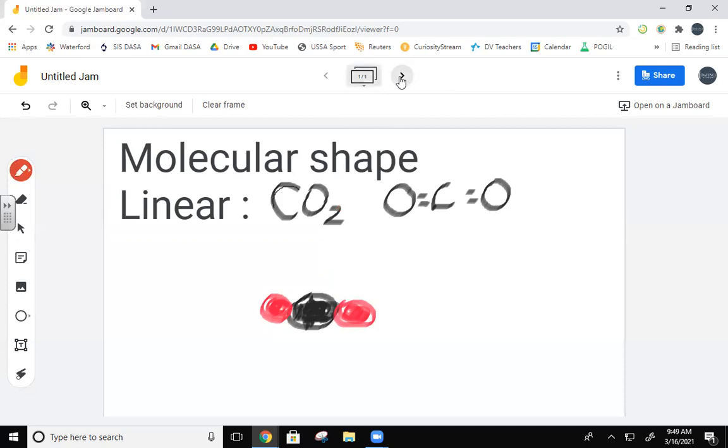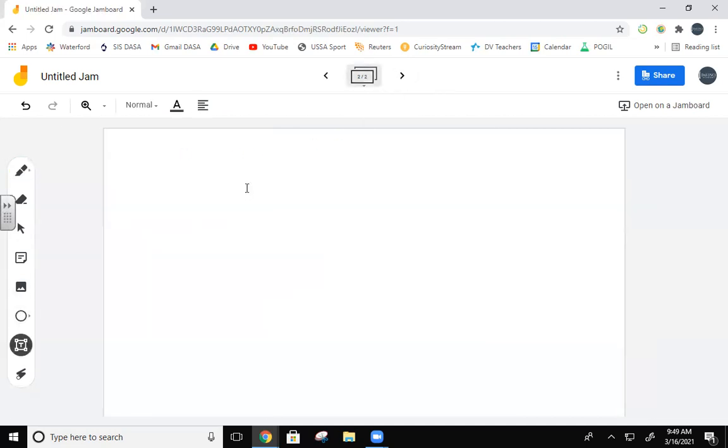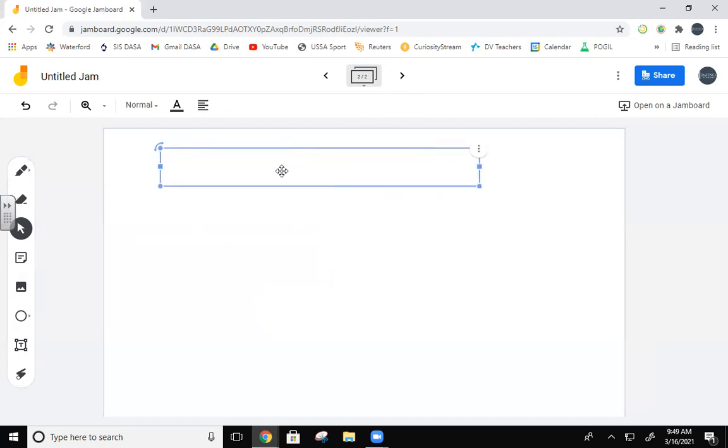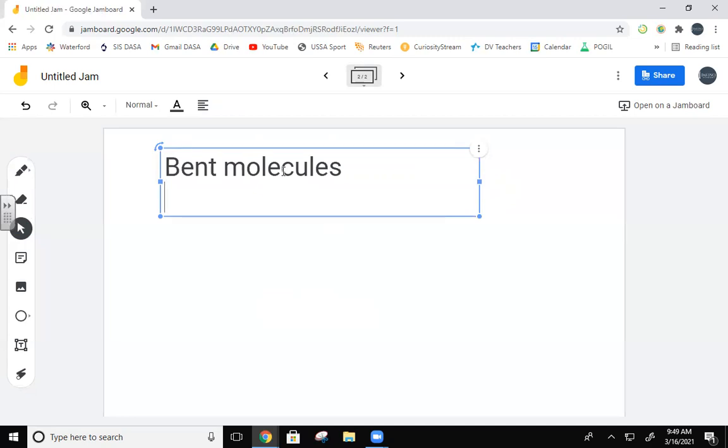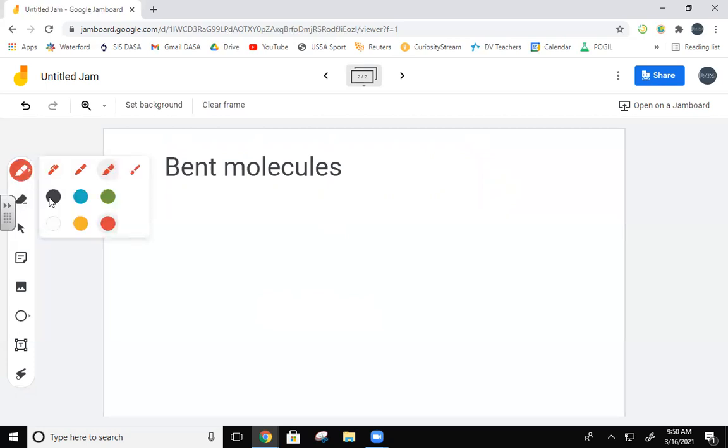Now, let's look at another example. This time with a little bit more nuance. Bigger and longer. Okay. So now let's talk about bent molecules. An example of a bent molecule is very, very common, something that you interact with every single day, and that is H2O.